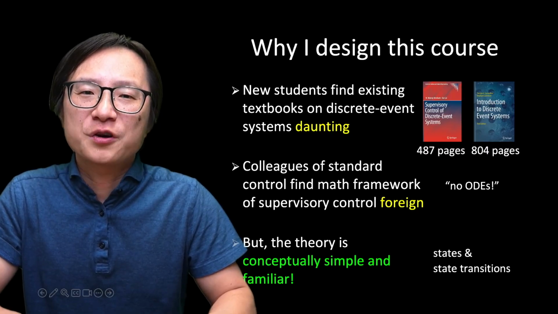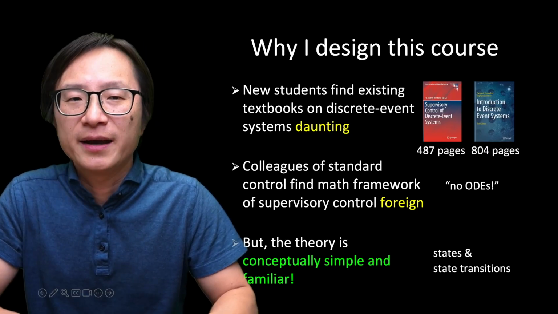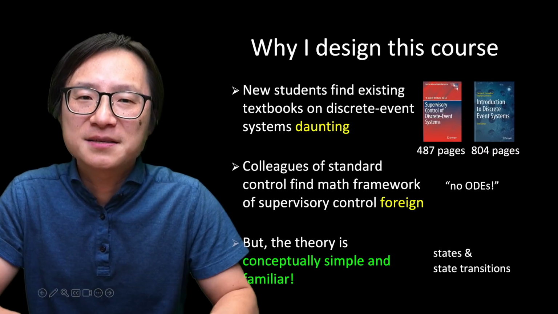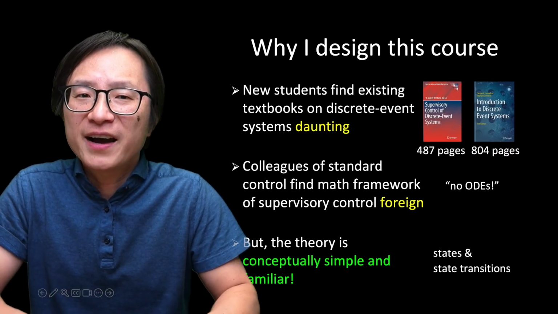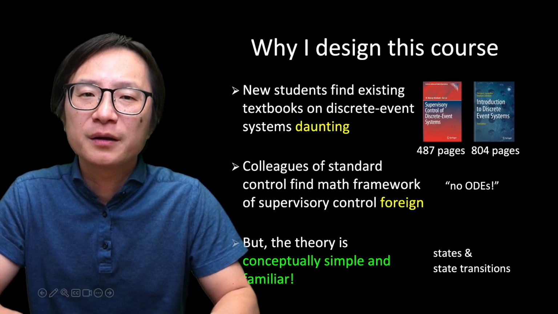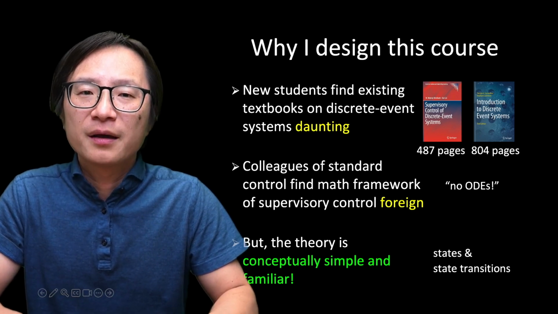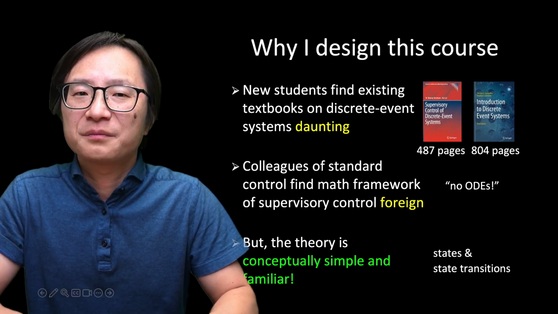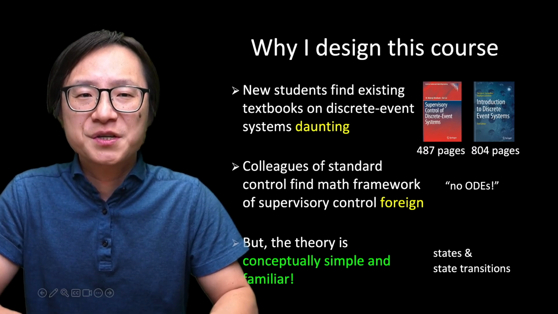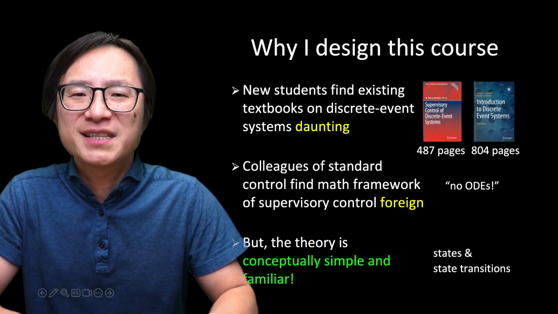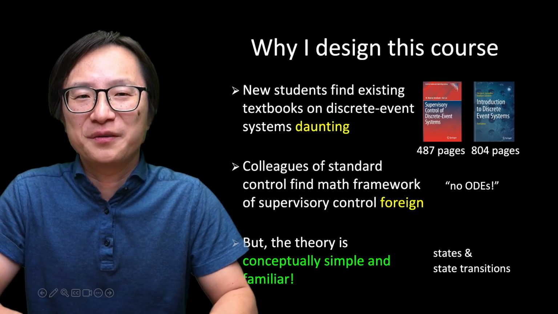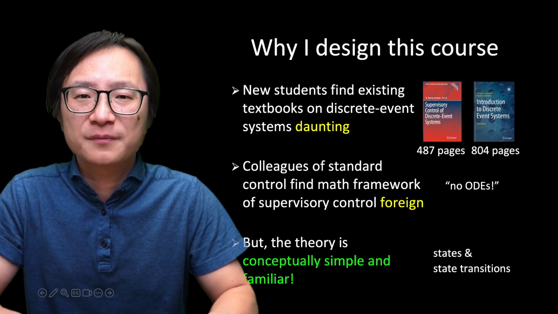But if you strip away the appearance and focus on core ideas, the theory is in fact conceptually simple and familiar. The core consists of states and state transitions, which are all very dear to our hearts as control theorists and engineers.